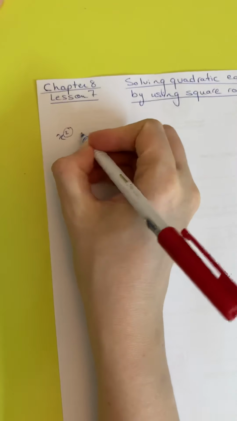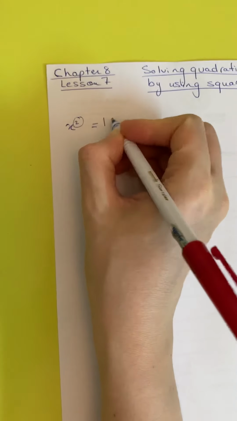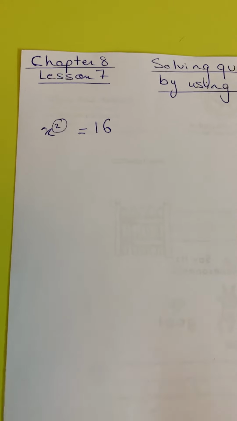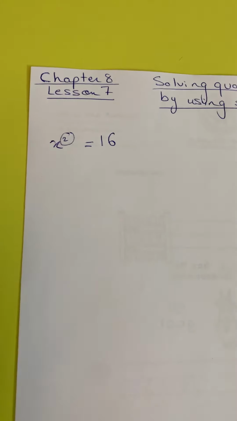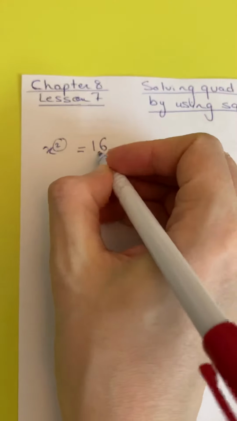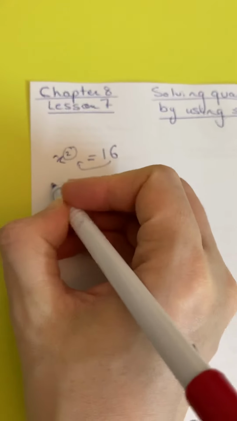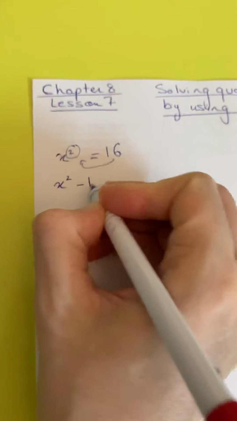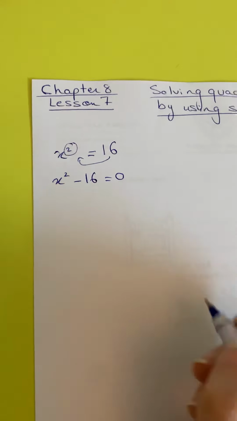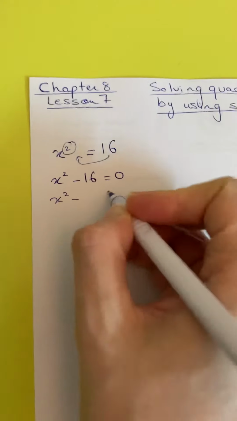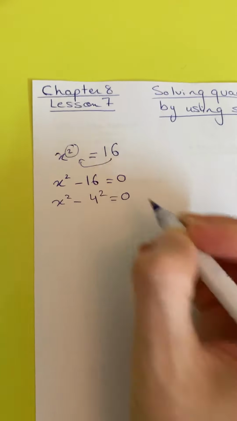If I have a quadratic equation, for example, x power 2 equals 16, and I want to solve it by factoring, which is lesson 8.6, then I would take this to this side, and it would be x power 2 minus 16 equals 0. And then I would say that this 16 is 4 power 2.